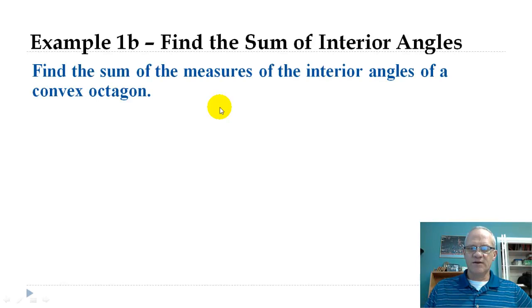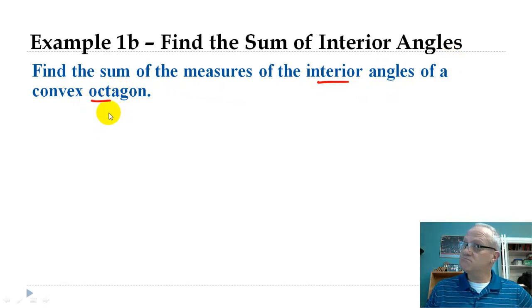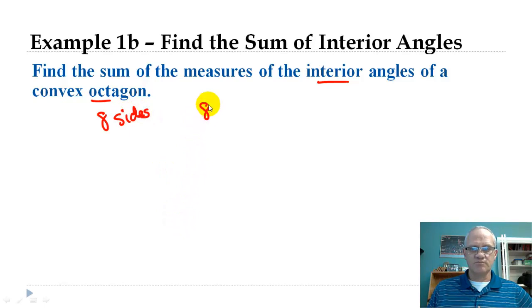All right, what about finding the measures of the interior angles, again, of an octagon? How many is an octagon? Octagon is 8. So 8 sides. If there are 8 sides, then that means in our formula, 8 minus 2 times 180.